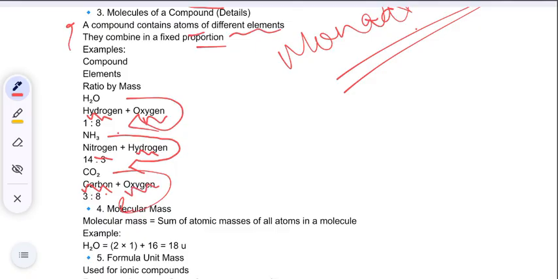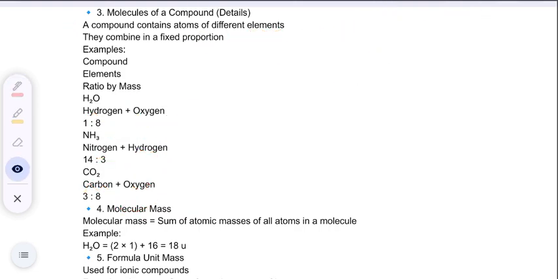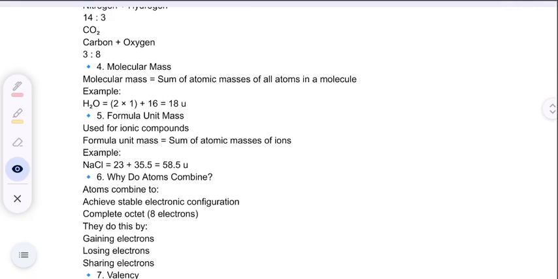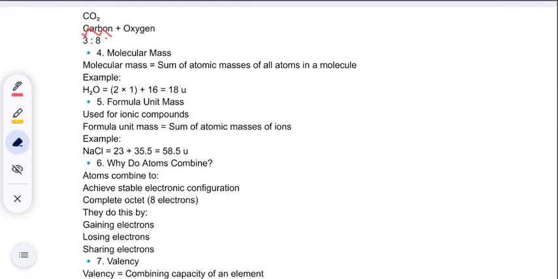Now molecular mass. In NCERT these formulas are given which you need to learn. You can simply find out the molecular mass of any substance by the sum of their atomic masses. Sum of atomic mass in one molecule. Understood?